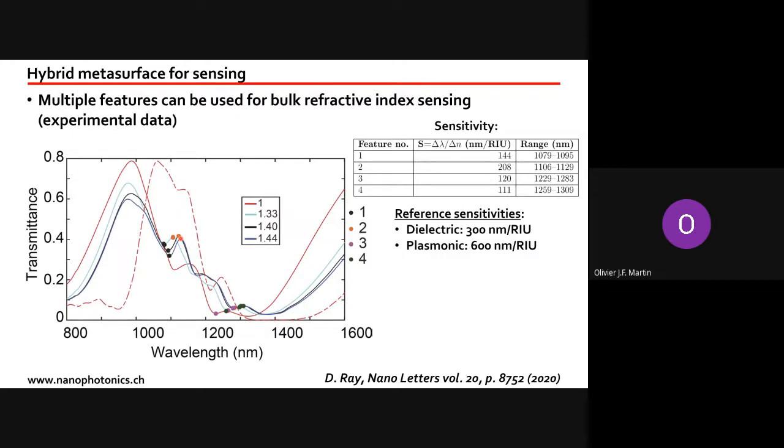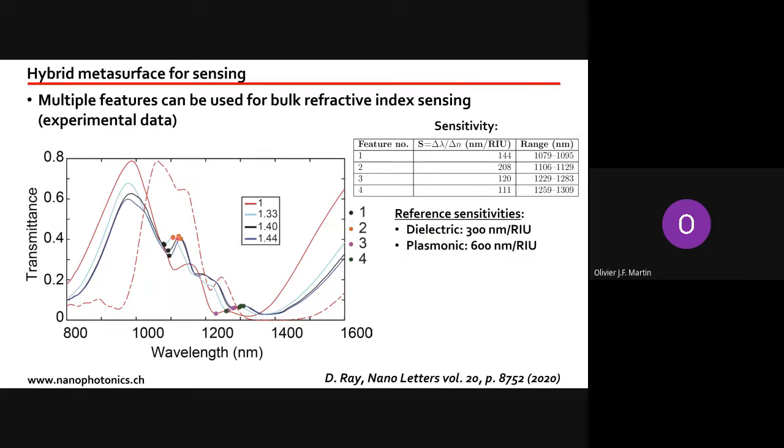We can summarize that by introducing what is called the sensitivity, which in sensing is expressed as nanometer per refractive index unit. So that means that if we look, for example, at this feature, when we change the background by 1 unit of refractive index, this feature is going to shift by a certain wavelength range.